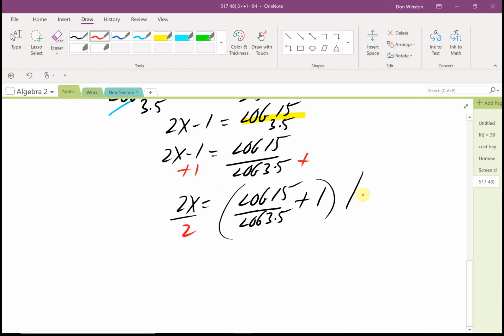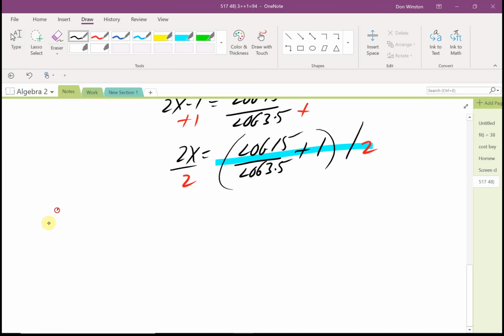We can leave it in that form. So log base 10 of 15 divided by log base 10 of 3.5 plus 1, and then we divide our entire answer by 2. Okay. So that one was 51.